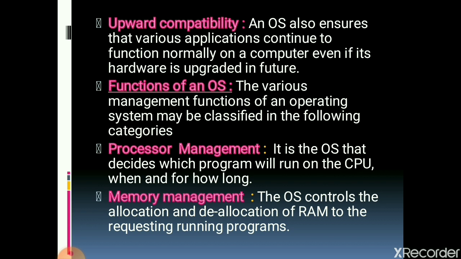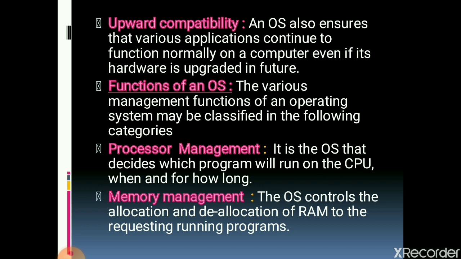For example, if in the future you bring a new mouse, a new monitor, a new printer, or even a keyboard, the operating system will support all the new hardware, with no need of installing the software again for those devices. That is called upward compatibility. So these are all the basic requirements for an operating system.